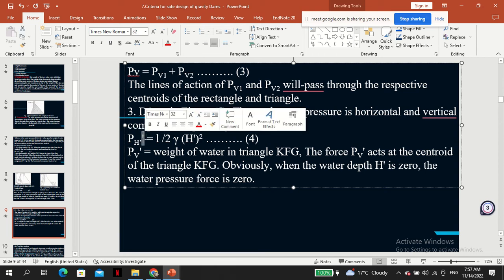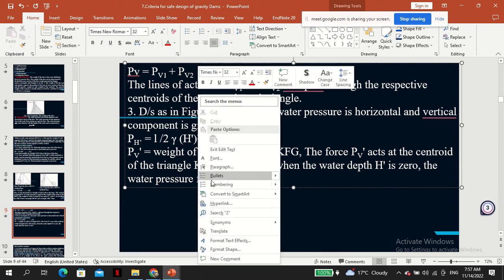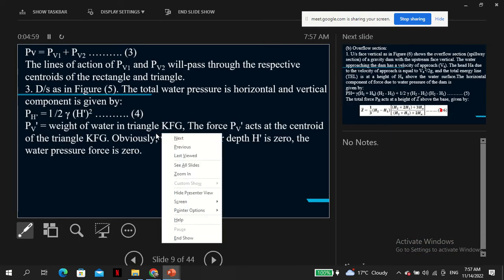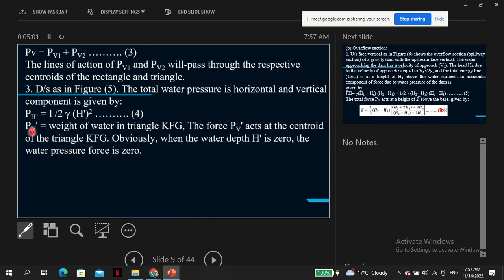Okay. So again, the horizontal component is the same idea. And then PV is the weight of the triangle KFG. The force PV acts on the centroid, of course, of the triangle.